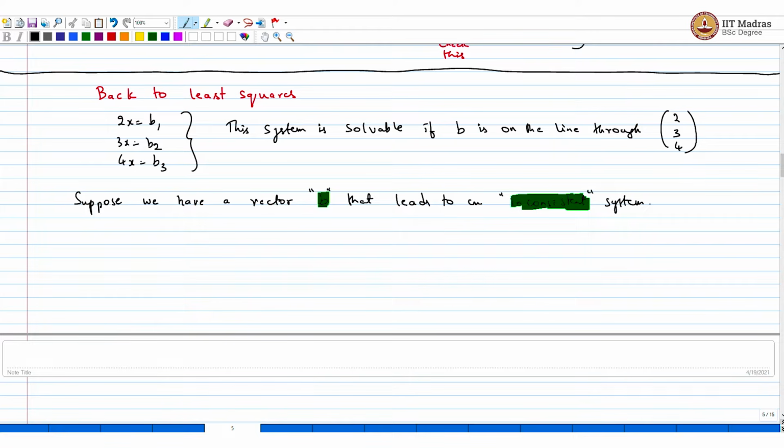Now, what would be a reasonable alternative? Before that, we could pick a subset of equations and solve it exactly. But what's the problem with this approach?